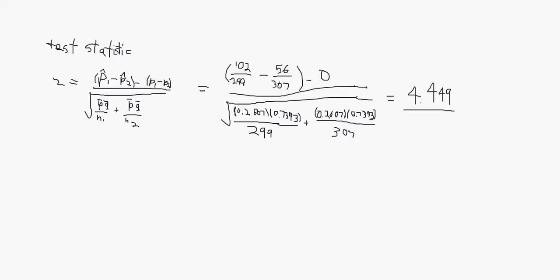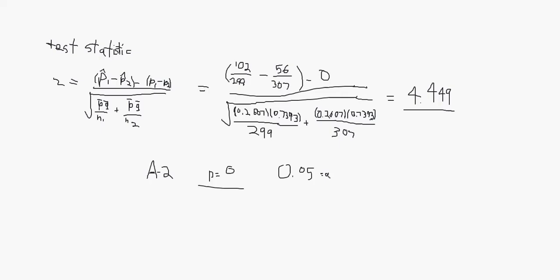So now that we have the test statistic, we can find the p-value with this. After looking at the A2 table, we can see that the p-value equals 0. And since the p-value equals 0, and it's less than the significance level of 0.05, we can conclude that we reject the null hypothesis.